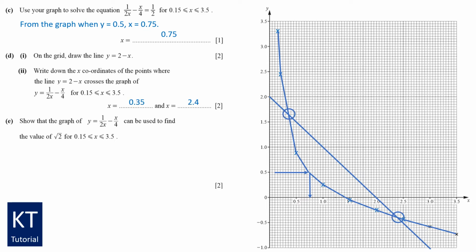From the circled area in the graph, the required x values are 0.35 and 2.4. Next, show that the graph of the given y equation can be used to find the value of root 2. You can show this by stating that when y equals 0, the equation can be rearranged such that x is equal to root 2.